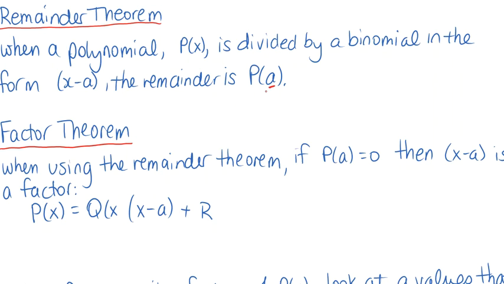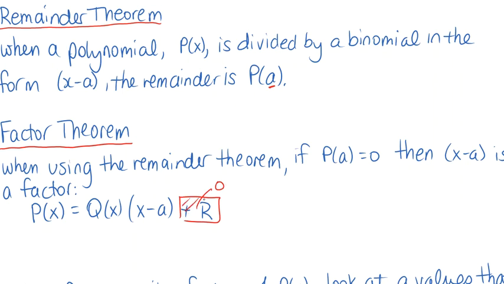As a result, the factor theorem extends the remainder theorem a little bit by saying that if when we plug in that a value it equals 0, then x minus a is actually a factor. The reason for this is that when we write it as a division statement, Q(x), or quotient of x, is multiplied by x minus a, but our remainder is going to be 0.